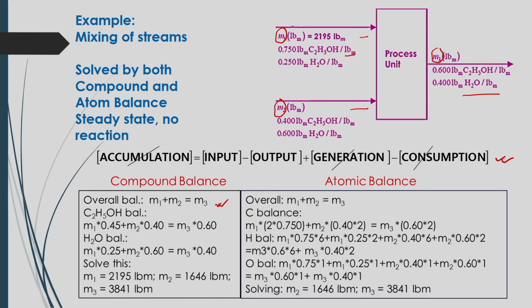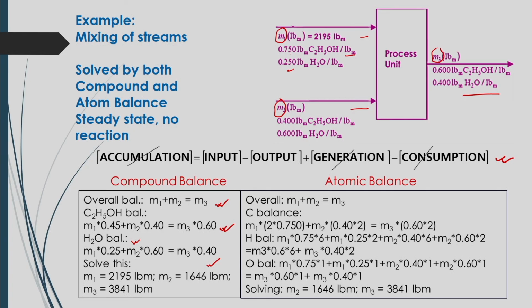So, in these streams ethanol will be coming as M1 into 0.75, and then here it will be M2 into 0.40, and output is M3, that will be M3 into 0.60. So, we can write this ethanol balance. Similarly, for water balance we can write M1 into 0.25 plus M2 into 0.60, that will be equal to M3 into 0.40.